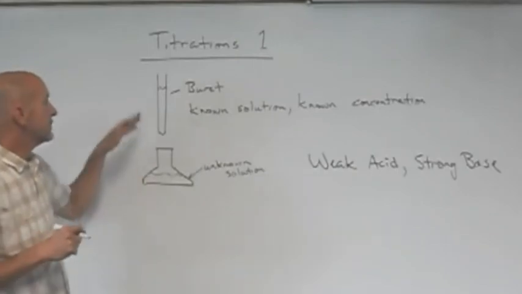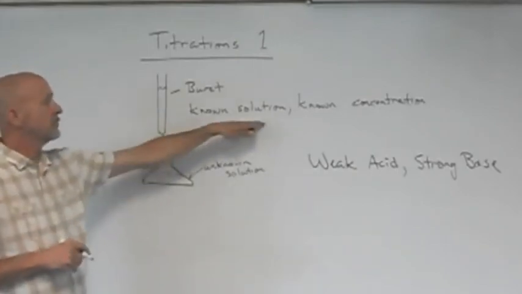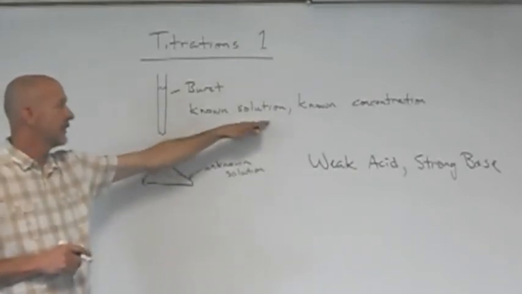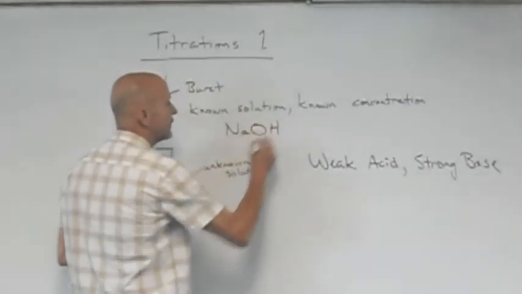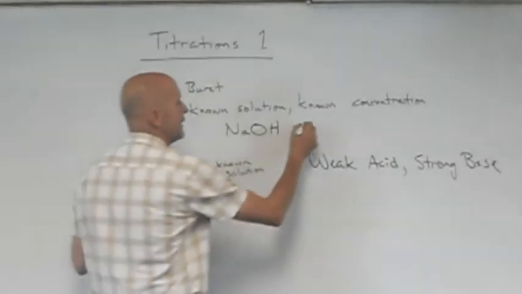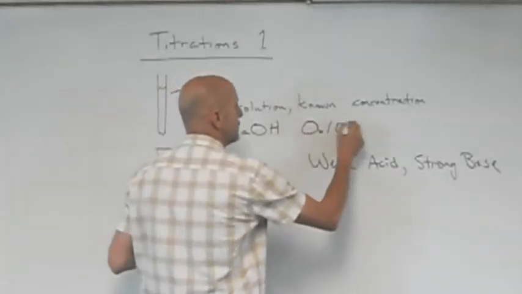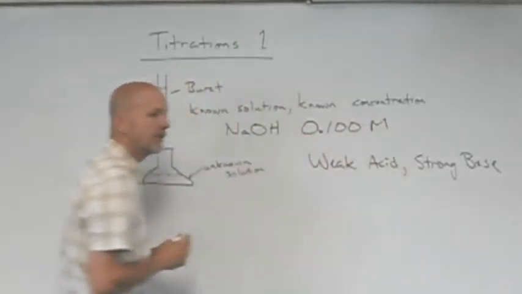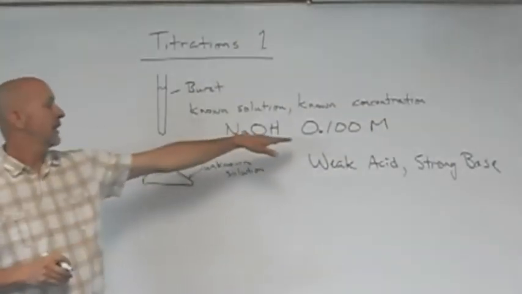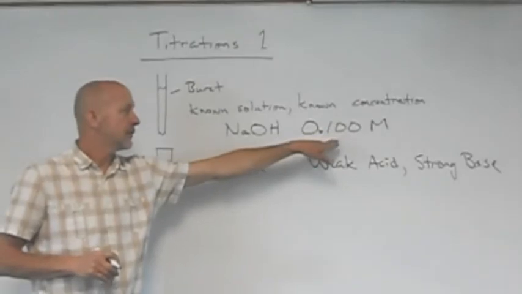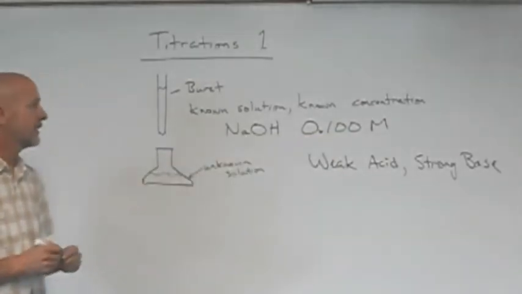So what I'm going to do is in my burette I'm going to put a known solution with a known precisely measured concentration. Let's, for example, say I've got sodium hydroxide solution and I've standardized it, measured it out to 0.100 molar concentration. So I know exactly what's in there. I know the molarity to a very precise level.